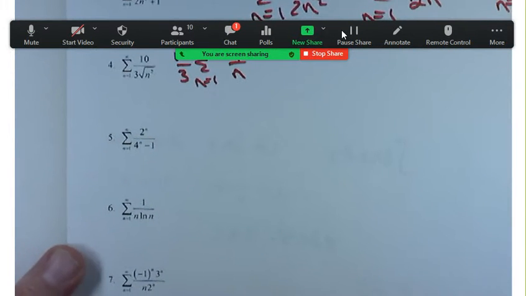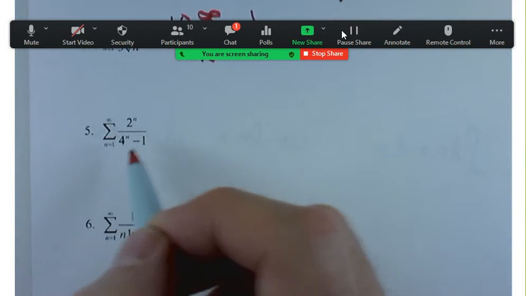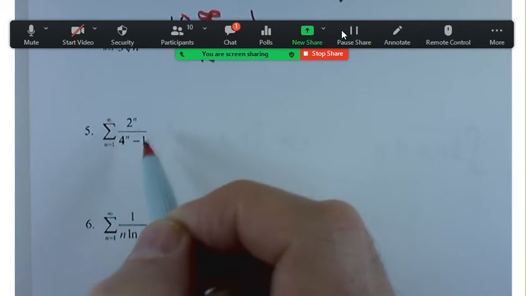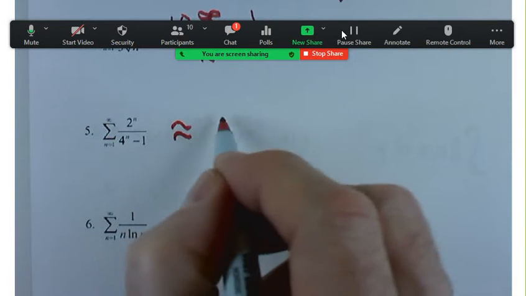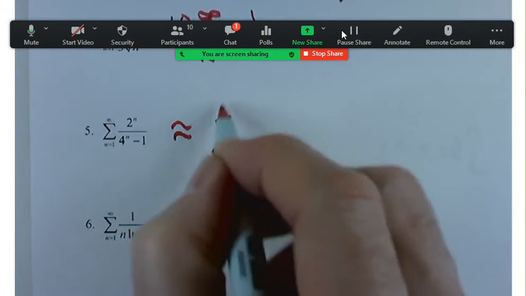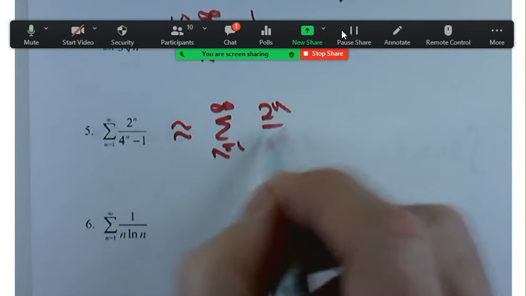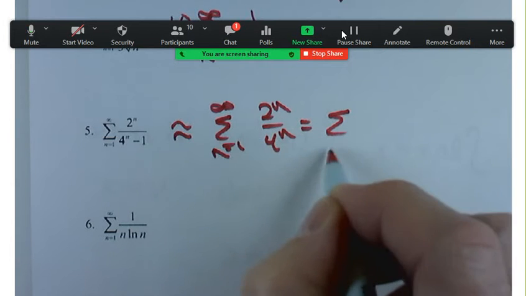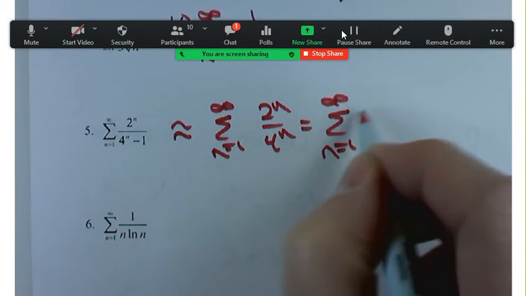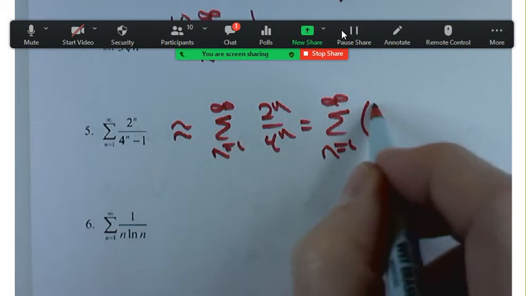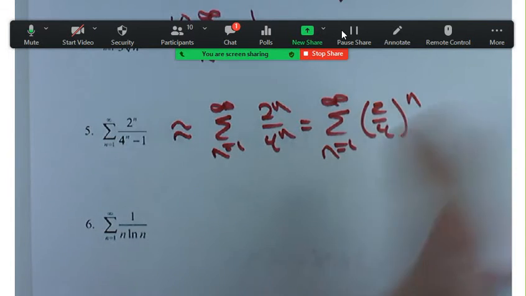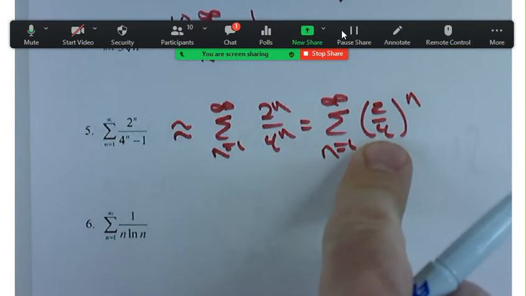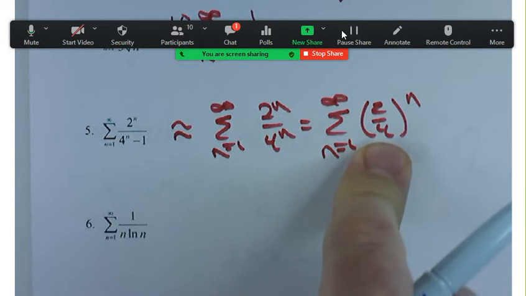This one, again, ignore this finite number. This is approximately the same as the sum from n equals 1 to infinity of 2 to the n over 4 to the n, 2/4 to the n, or 1/2 to the n. But what do we know about a series like that? It's a geometric series.